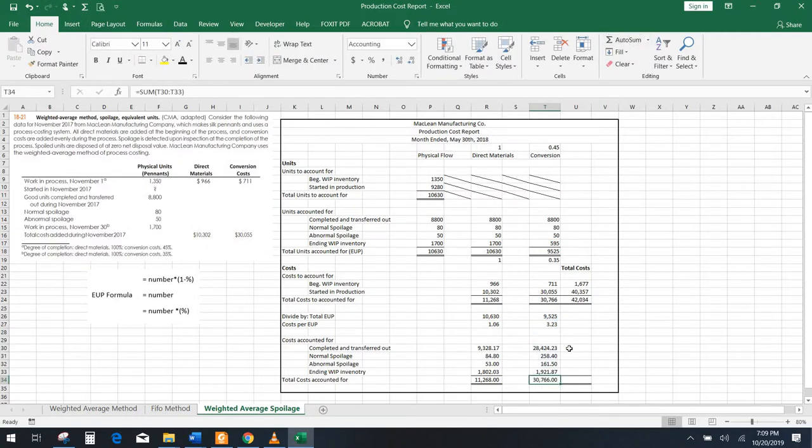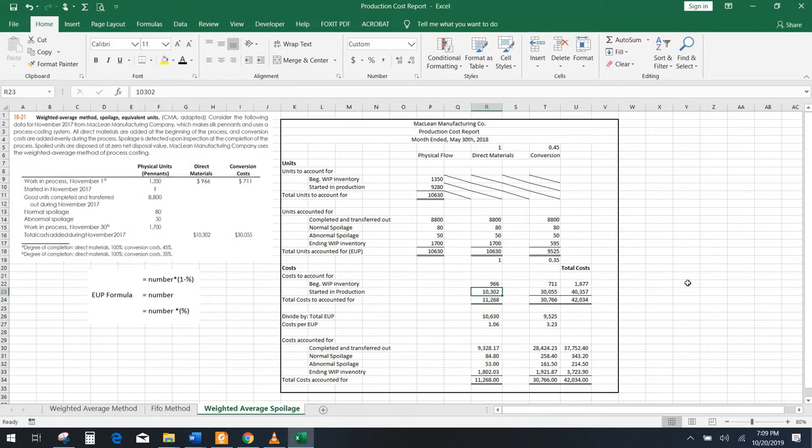This is autosum. Okay, and this number equals this number, this number equals this number, this number equals this number, and those are what we got for the answers in class.